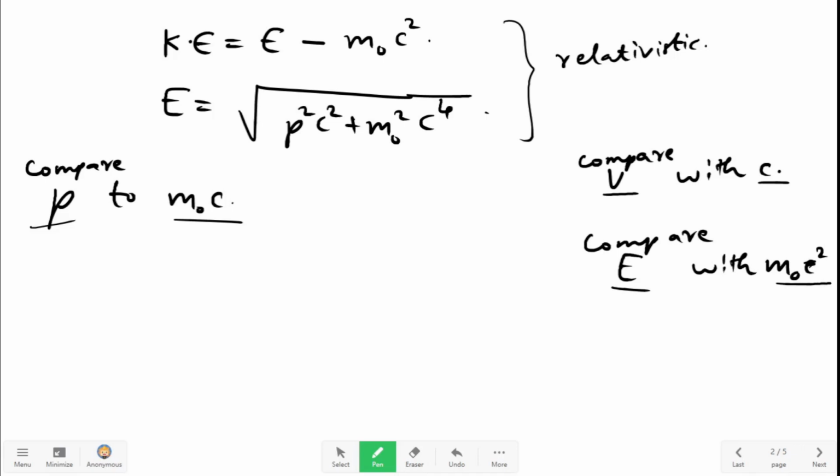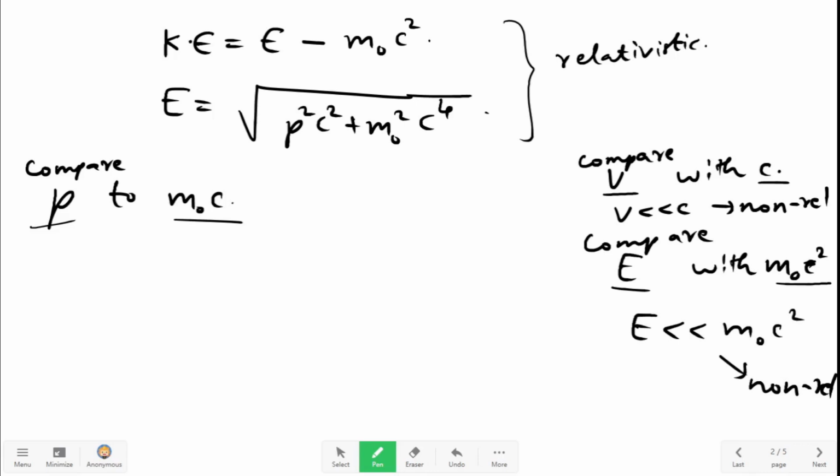If v is very less than c, this is non-relativistic. If v is comparable to c, then it is relativistic. If E is very less than m naught c square, then it is the case of non-relativistic. If p is very less than m naught c, then it is a case of non-relativistic.